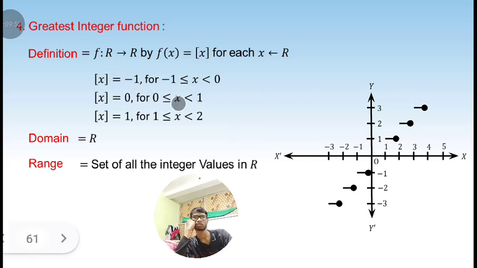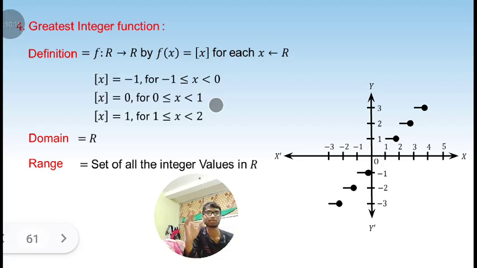It is minus 1. For minus 1, x is greater than or equal to minus 1 and less than 0, meaning between 0 and minus 1.